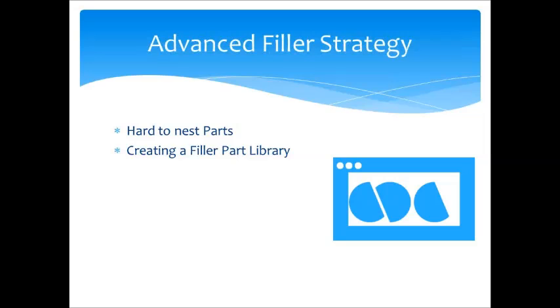So they become companions to hard-to-nest parts that essentially build these out of scrap. And again, we can help you define what these parts are that would be great fillers for the hard-to-nest parts. So once you know the hard-to-nest parts, you know what types of parts you're looking for to assist in your nesting process.